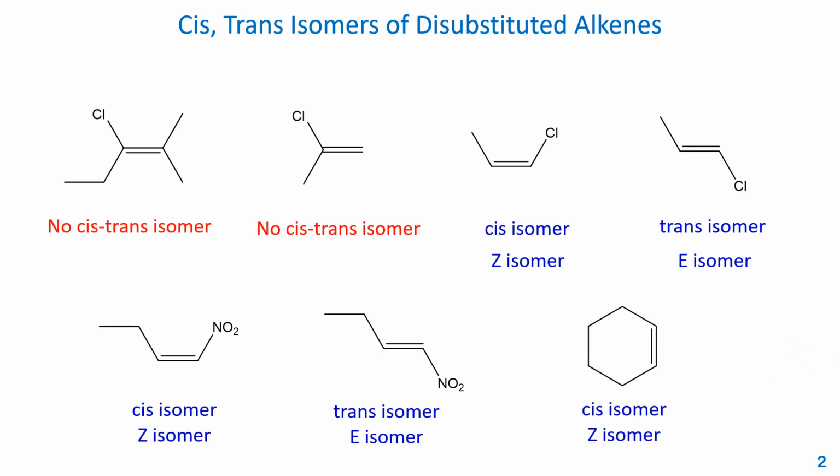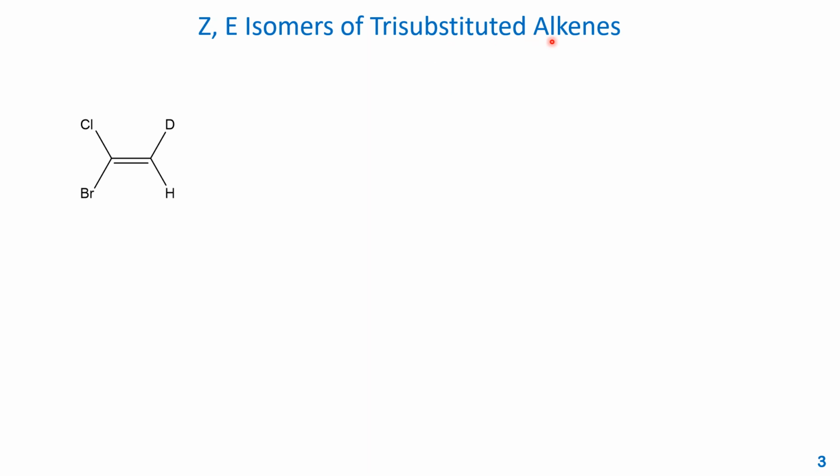Now let's talk about the trisubstituted alkene. Like I just said, if you have more than two substitutions, the alkene cannot be called cis-trans. You can only say Z or E isomer. For example, here. There are two steps to assign Z or E. Okay. So first, you have to tell the priority of the two attachments on each vinylic carbon.